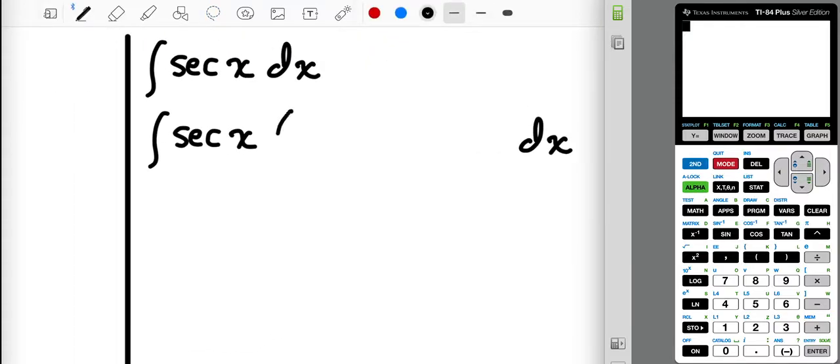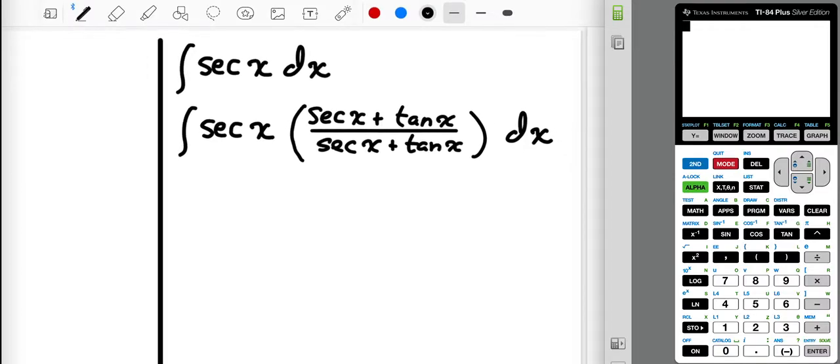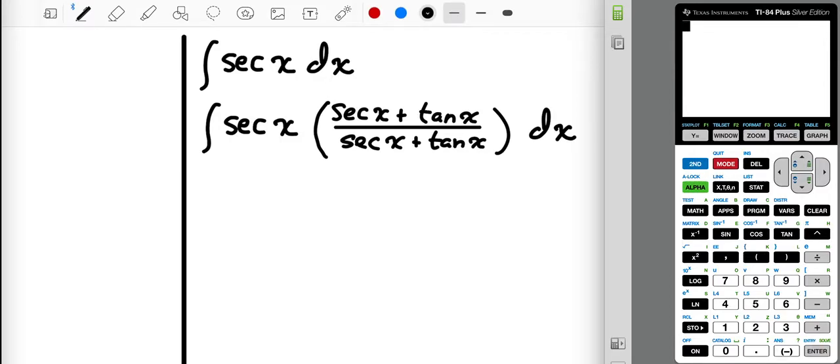So we would multiply the top and bottom by secant x plus tangent x. All right, and when you multiply through with the secant, you get secant squared plus secant tangent.